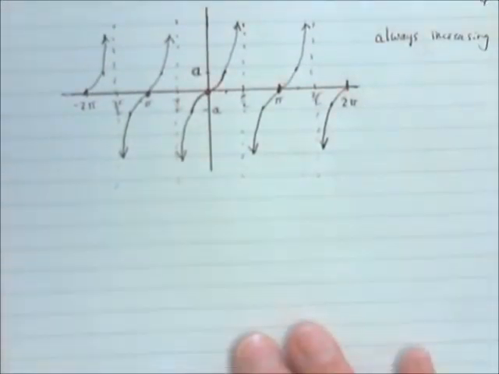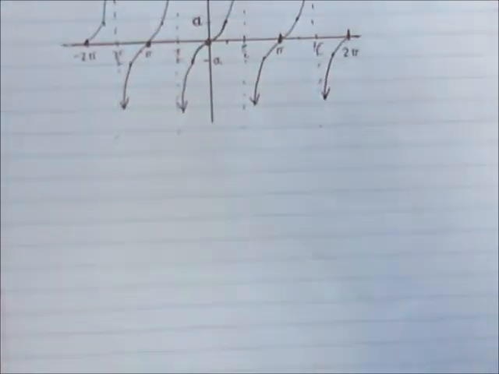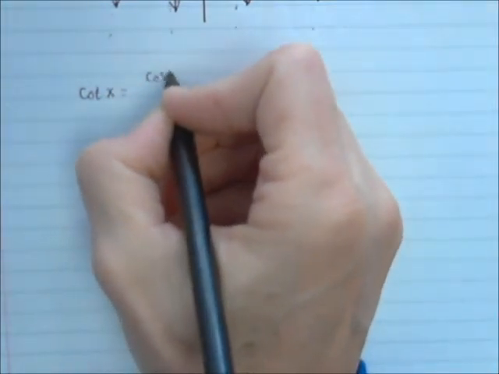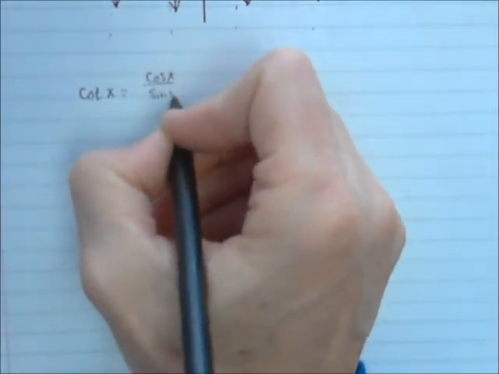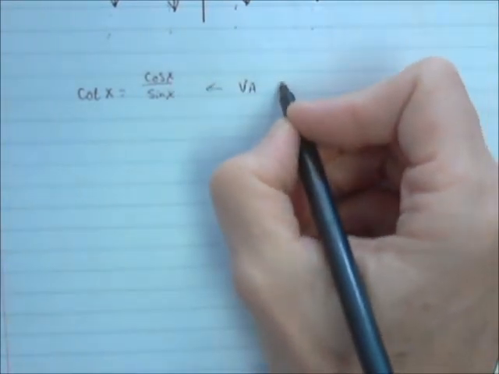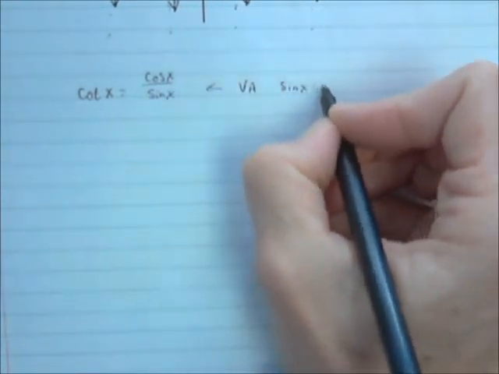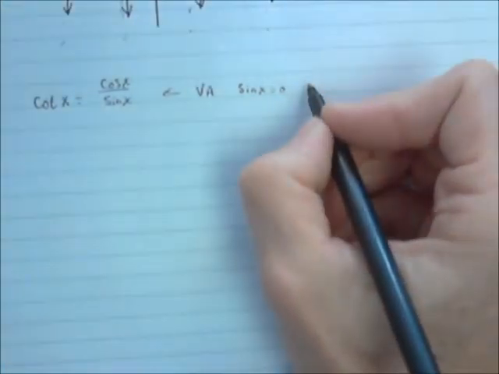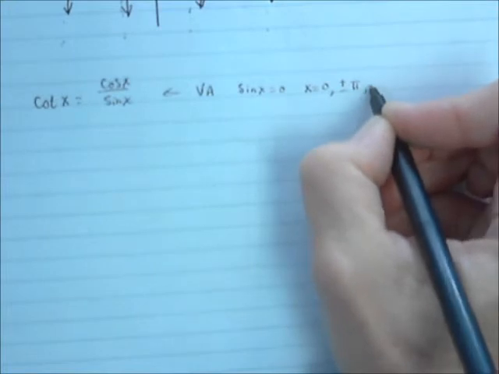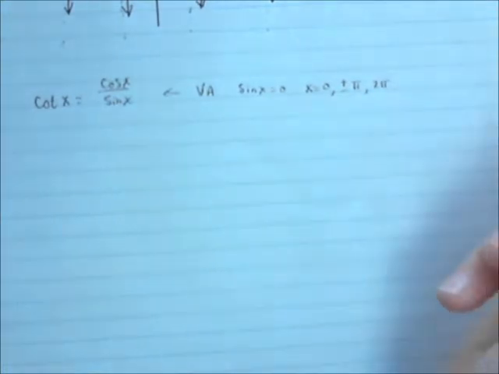And then the cotangent graph is similar, because cotangent is just cosine over sine. So the cotangent of x is equal to the cosine of x over the sine of x. And again, we have a vertical asymptote whenever sine is equal to 0. And sine is equal to 0 at x equals 0, plus and minus pi, and plus and minus 2 pi.